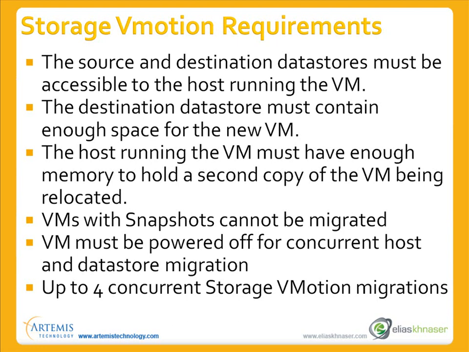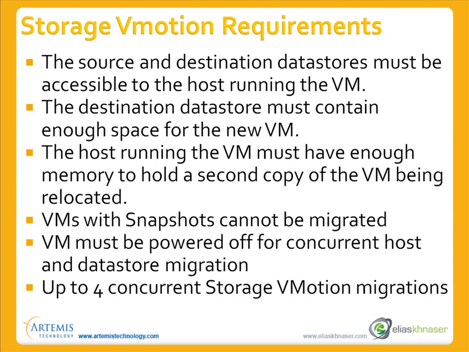Virtual machines that have snapshots cannot be migrated using storage vMotion. Now, you also have to understand that when you're doing a storage vMotion, the source and destination data stores must be visible to the host running the virtual machine. The host that's going to initiate the storage vMotion has to be able to see where the virtual machine is currently stored, obviously, but it also has to be able to see where you're trying to move that virtual machine to.